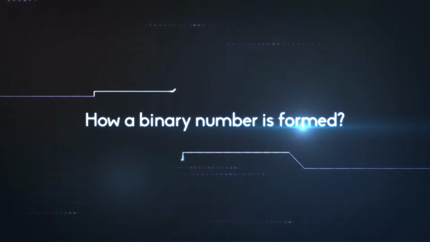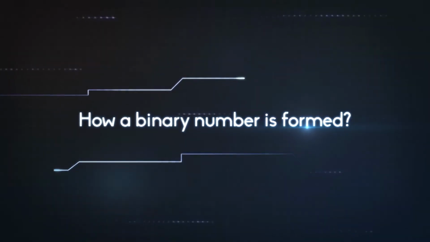Now let's see how a binary number is formed. The first binary number is 0. Next is 1. What is next? Let's try to bring out this from a comparison with decimal numbers. In decimal number system, we write numbers from 0 to 9. Single digit numbers, all in ones position.